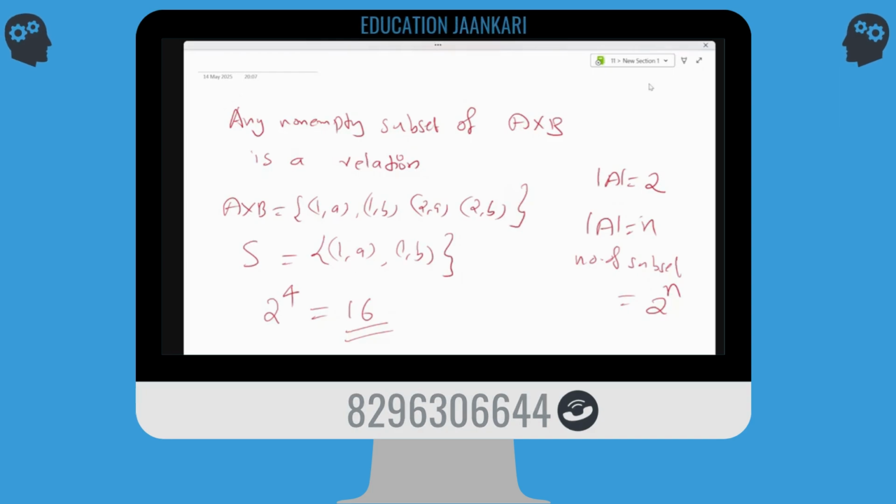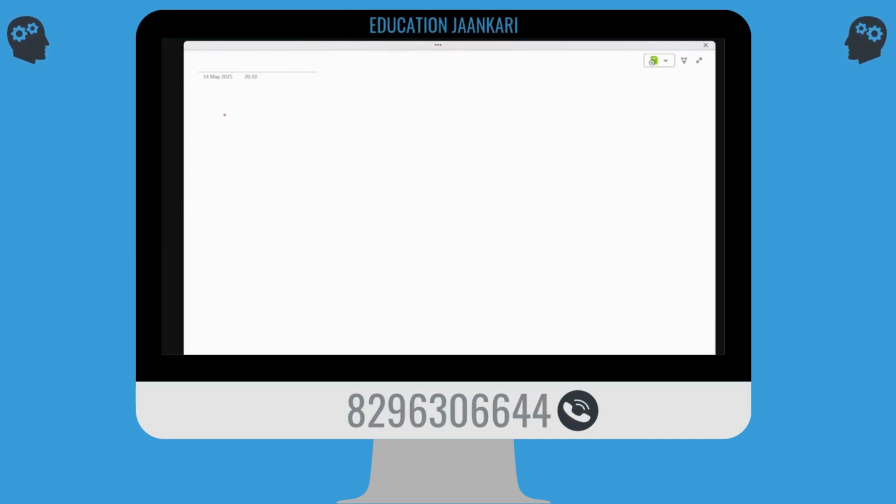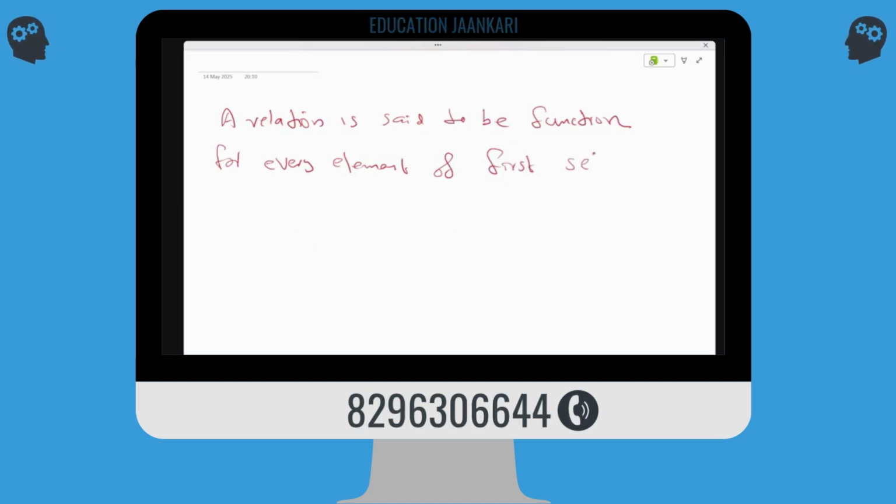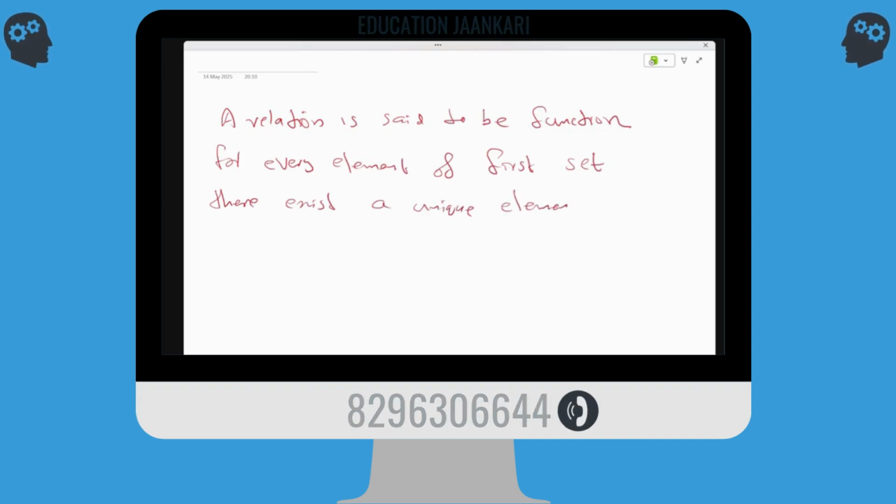Now, I am putting one rule in a relation. So, a relation is said to be a function if for every element of the first set there exists a unique element in the second set.